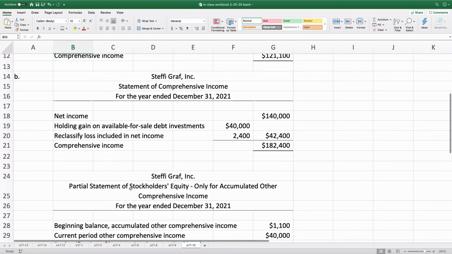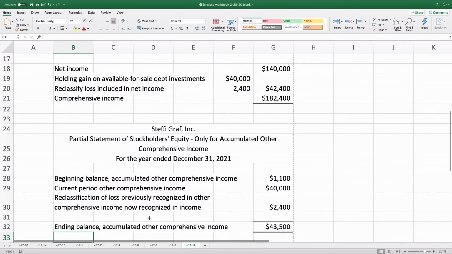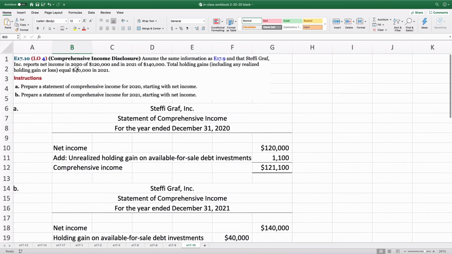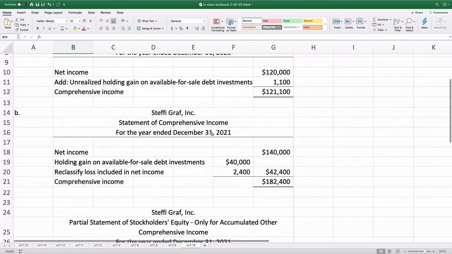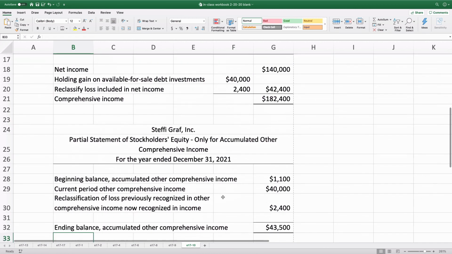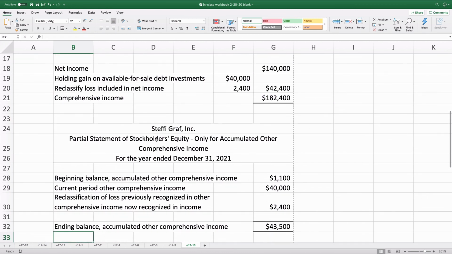And this last part goes a little bit beyond the call of what was asked for up here, because it says prepare a statement of comprehensive income starting with net income. Well, that's really just this part. And then the reconciliation of beginning to end, that's in the stockholders' equity statement. And this was the beginning balance. We're going to recognize the increase in value of the available for sale securities here.